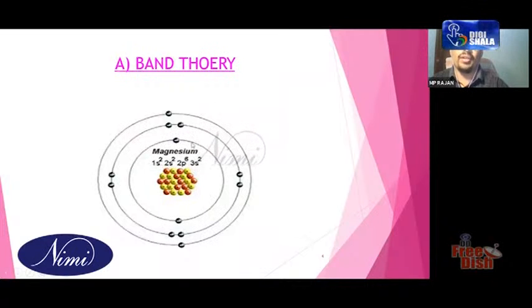So the capacity of electrons that will be accommodated in each is already predefined. Like 2 electrons can be on the K shell, 8 electrons can be in the L shell, then 18 electrons in the M shell: 2, 8, 18.